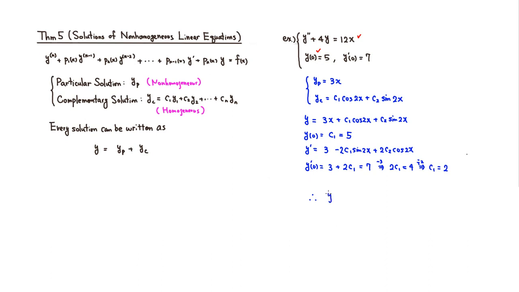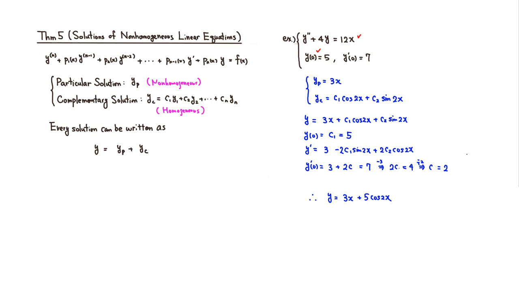So y is equal to the particular solution 3x, and we found c1 to be 5, so it's plus 5 cosine of 2x. And we found c2 to be, actually, I messed it up somewhere. Sorry, I labeled this as c1, and it's actually c2.